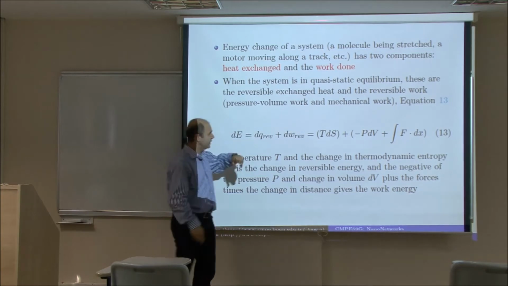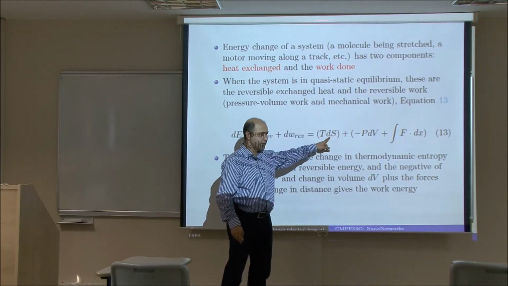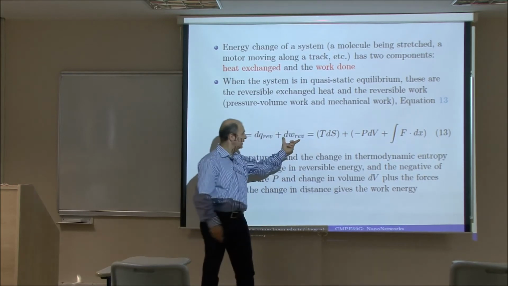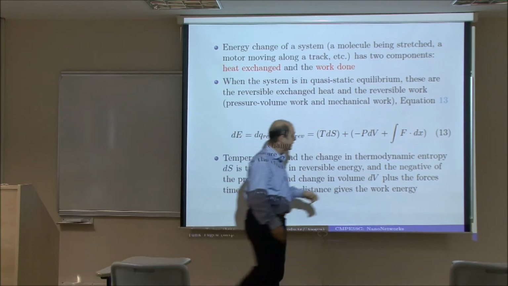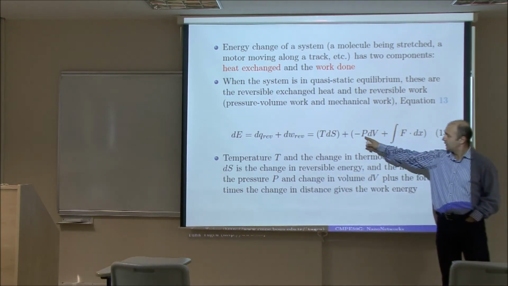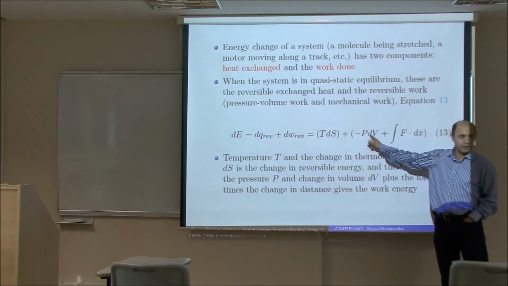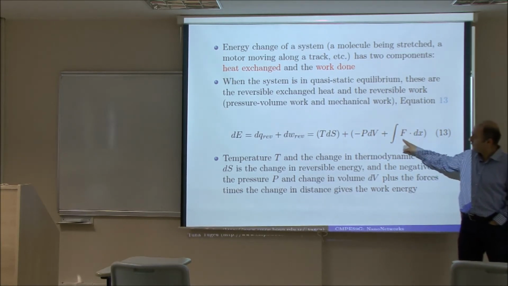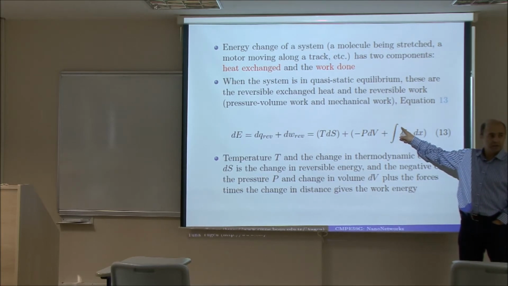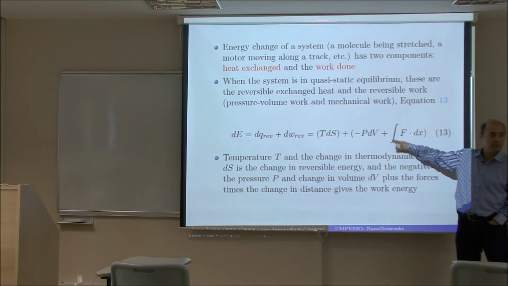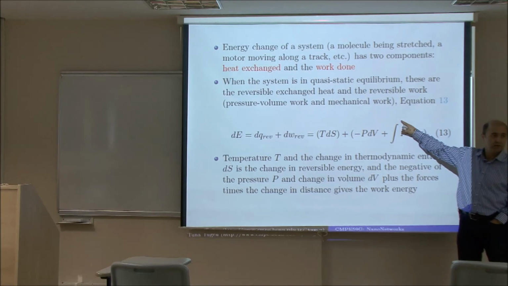And this can be explained as temperature times the change in entropy. And the second term, the work, is the work due to the pressure and volume, which is the negative of P times change in volume, plus some force being exerted for a distance of dx, which is integrated from the beginning of the movement to the end of the movement.